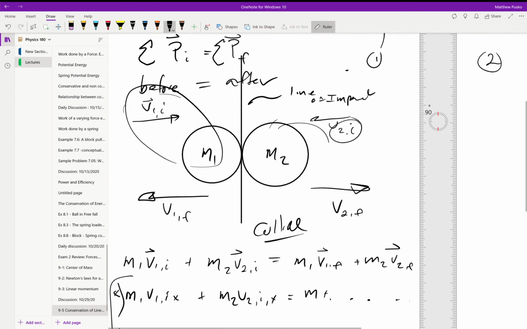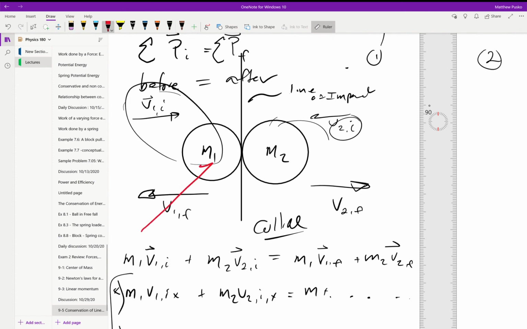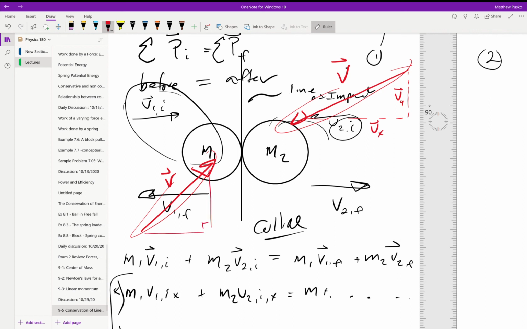And what if this one had some initial velocity coming in like this? Maybe this one has an initial velocity coming in like this. That means the momentum is along the same direction as the velocity vector, and we can break it up into x and y components. So this has some velocity in the y direction, some velocity in the x, just like this has some velocity in the x direction and some velocity in the y.